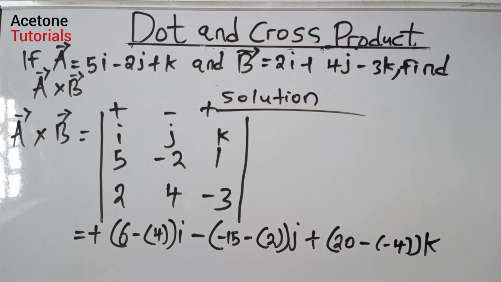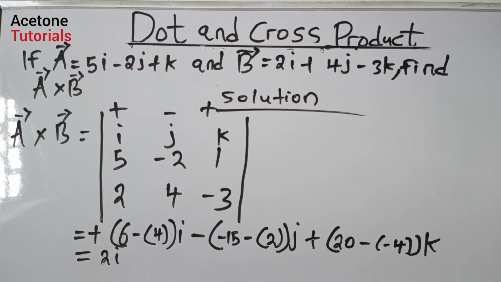So A cross B is equal to 6 minus 4 is 2, so plus 2i. Minus 15 minus 2 is minus 17.